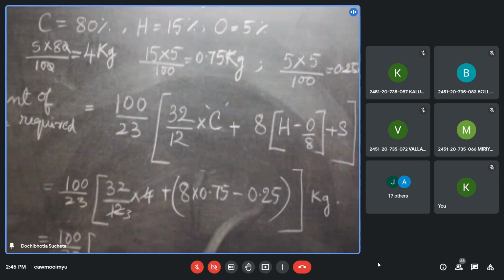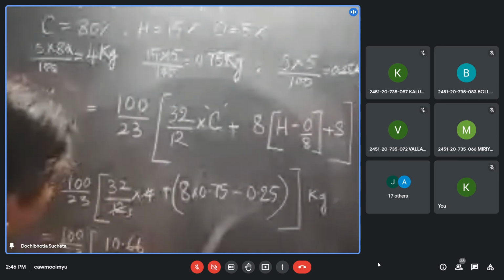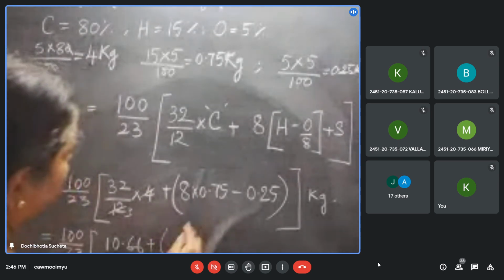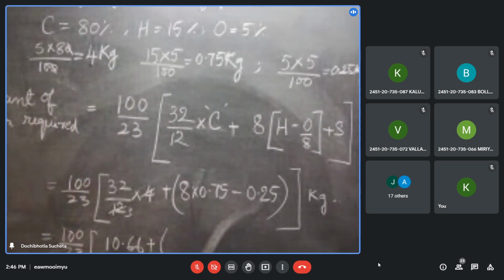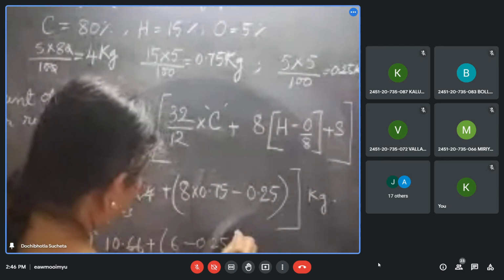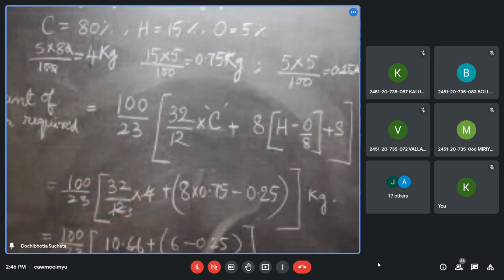Anything 32 divided by 3 is equal to 10.66, plus, let me solve this, 8 into 0.75 is 6 minus 0.25. That will be how much? 5.75.